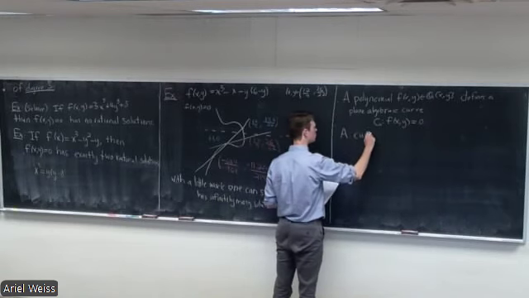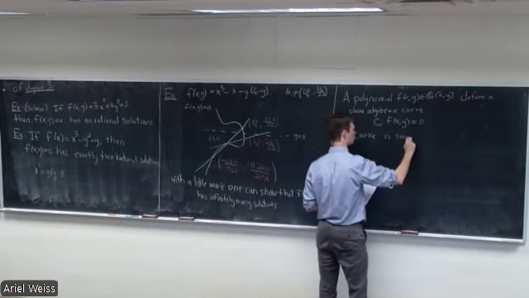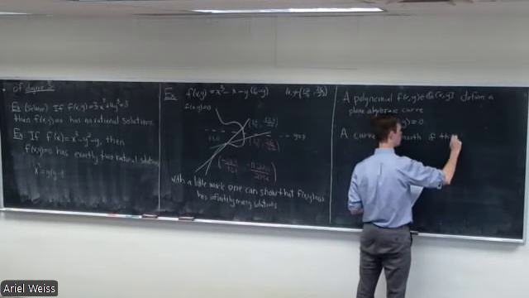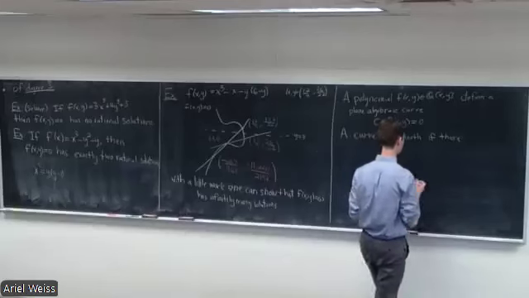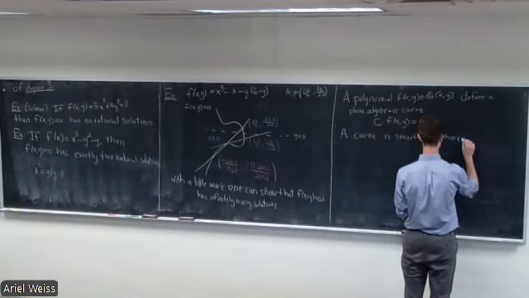And such a curve is smooth if there are no points where there's a sharp point or bend or self-intersection.